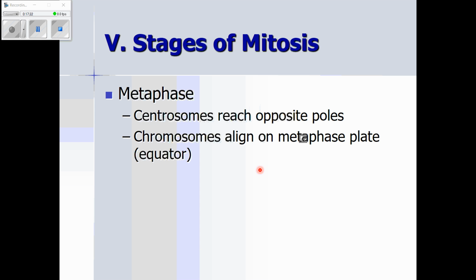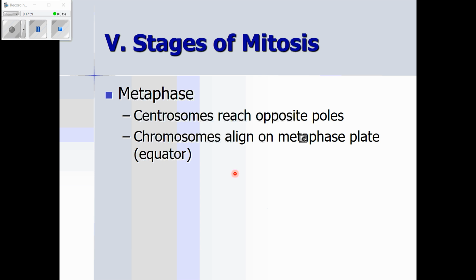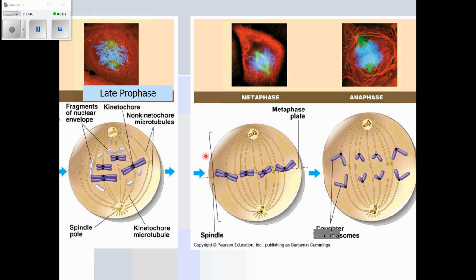So for your notes on metaphase, the centrosomes reach opposite poles. Remember, they were almost completely at opposite ends by the end of prophase, and now they truly are on completely opposite ends of the cell, and the chromosomes align along the metaphase plate, or the equator, if you want to call it that.